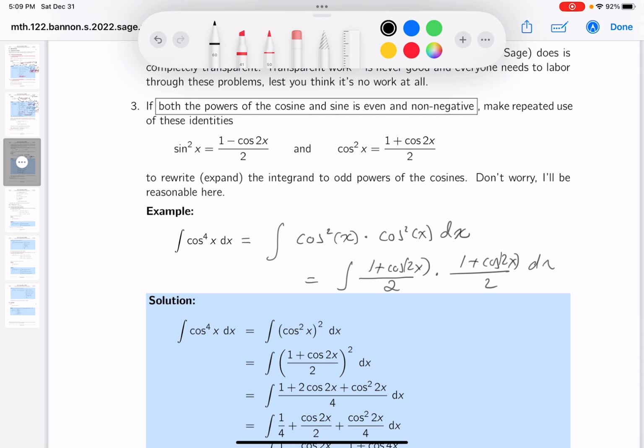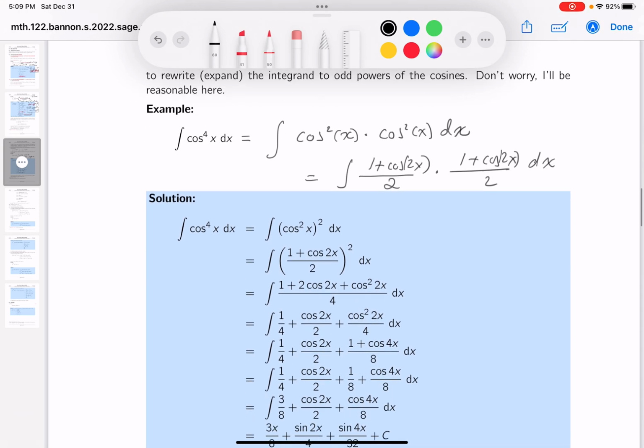Now I realize somebody's going to look at it and say that you just made it worse. Not really. This will be 1/4. Then you can get 1 plus 2 cosine 2x plus cosine squared 2x dx.